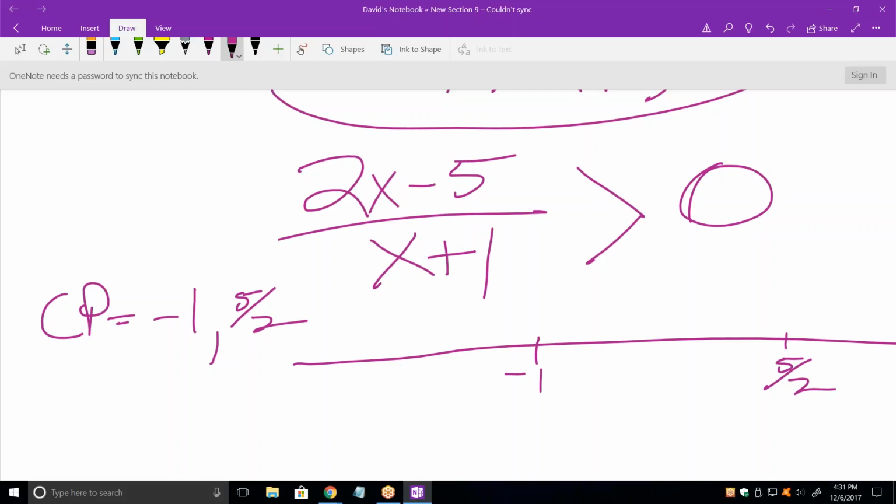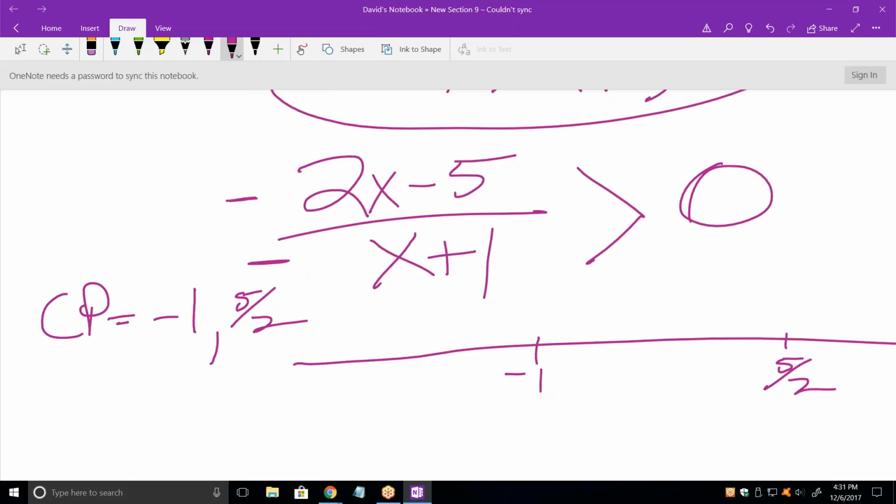So to the left of -1, pick the closest whole number you can get to the left of -1. -2. Okay, what's the numerator when I plug in -2? It's going to be negative. What's the denominator? It's going to also be negative. So this whole area to the left of -1 is what?